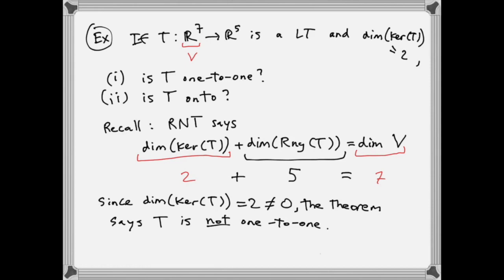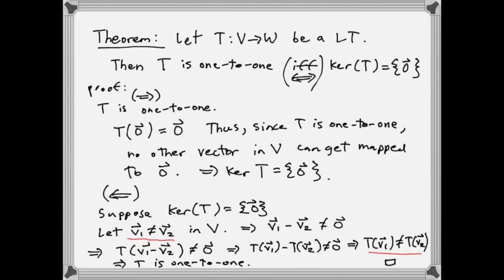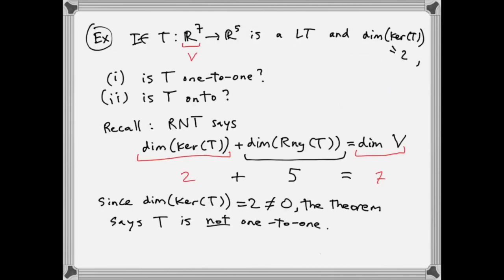Again, the theorem says that the kernel of T has to be the 0 vector. That is the same statement, guys, as the dimension of the kernel of T being 0, because the only vector space that has dimension 0 is the trivial subspace. We know that T is not one-to-one, so that's the answer to part 1.